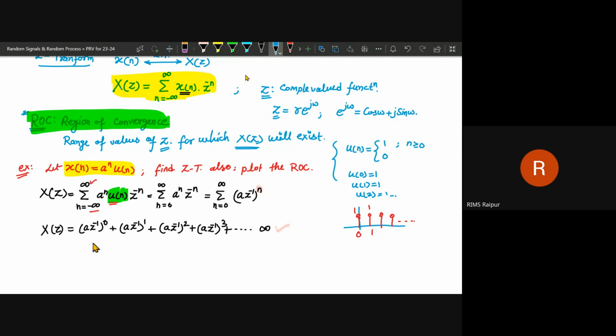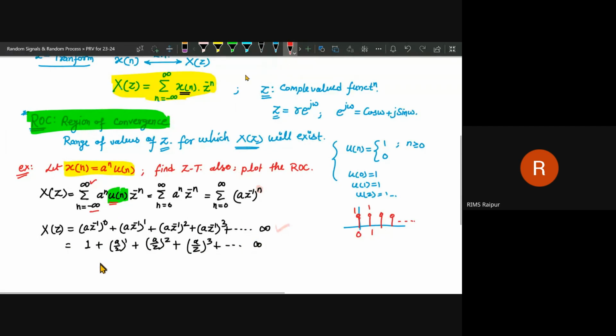Let us consider, listen to this. This value will be 1, correct? This value we can write as a by z to the power 1. We can write the next values as a by z to the power 2. The next value will be a by z to the power 3, and so on up to infinity.